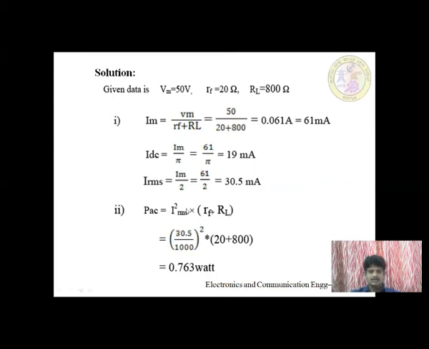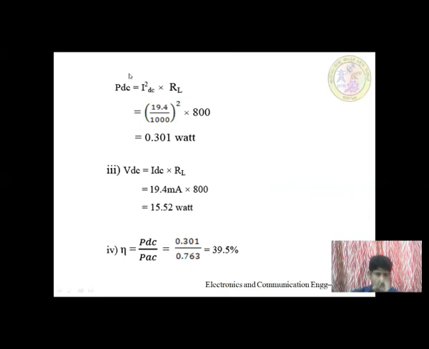I square RMS, so it is written as 30.5 by 1000, because it is in milliamps. That's why it is written like this. Or you can directly take 30.5 milliamps square into RF is 20, RL is 800 ohm. When you simplify this, you will get 0.763 watts.